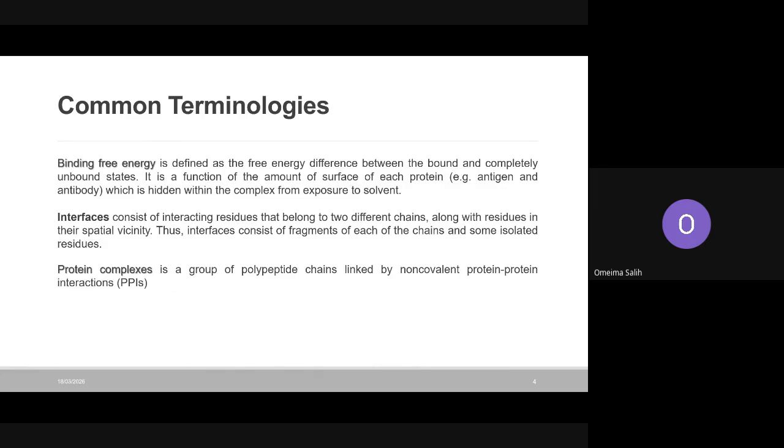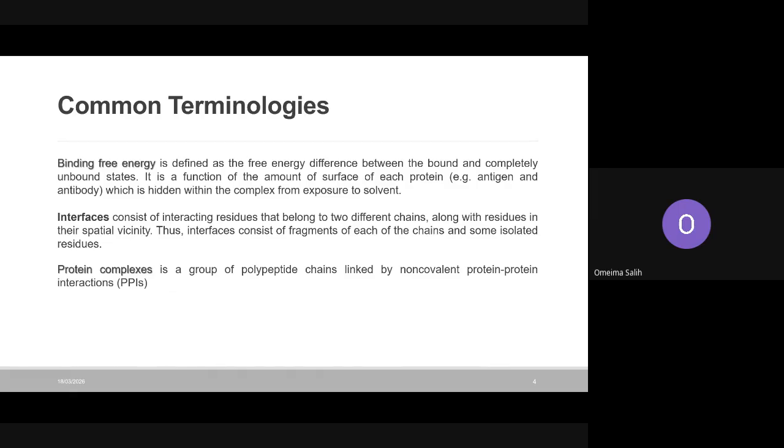It is a function of the amount of surface of each protein, according to the surface area of the proteins or polypeptides that got into interaction with each other. Usually this surface area is considered hidden from the solvents within the cell, because they are already involved in complex formation or in an interaction between the two polypeptides.